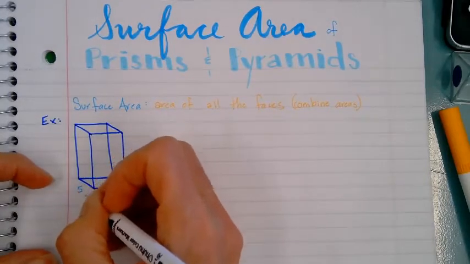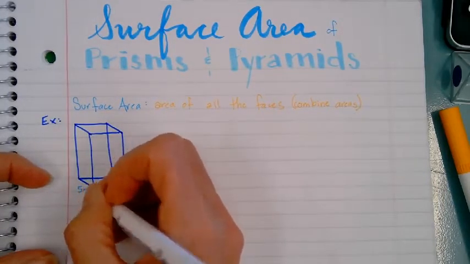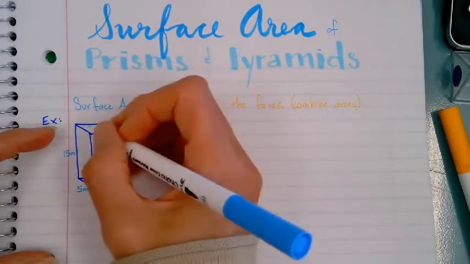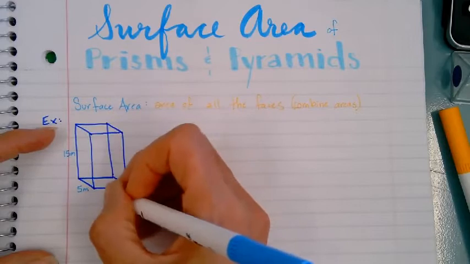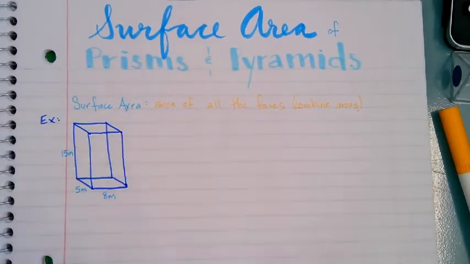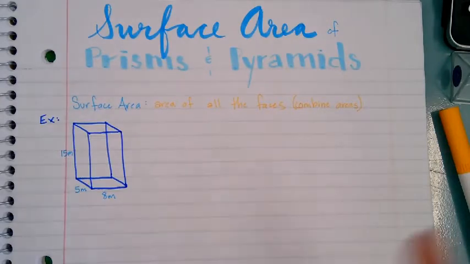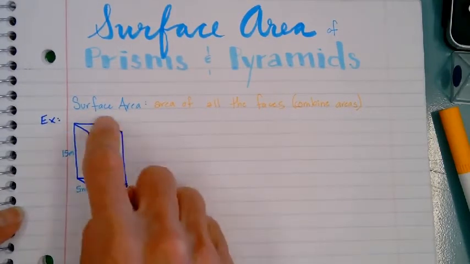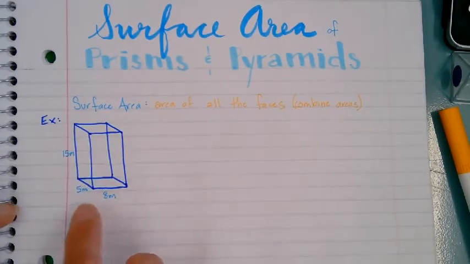This side over here is 5 meters. This side is 15 meters. And this front side is 8 meters. So if you're really good at visualizing these 3D figures, you can say, okay, it's got a bottom and the top is exactly the same.